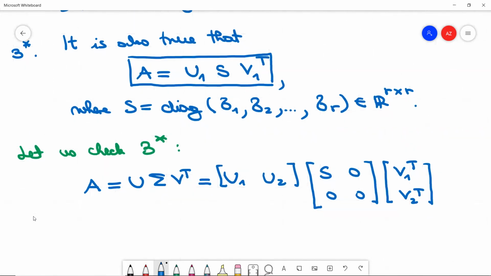It remains only to calculate this product of 3 matrices, and we will see that we get just U1 S V1 transpose. If we first multiply those 2 matrices, we get U1 S in the first row and first column, and then the first row and second column is just 0.